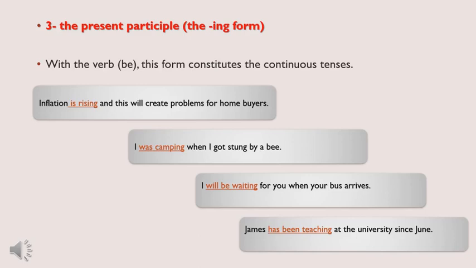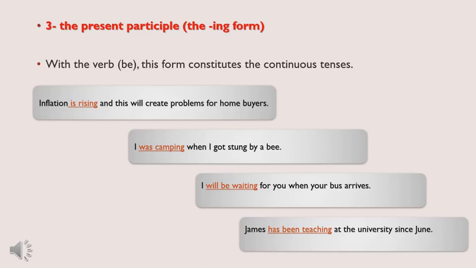Another example is I was camping when I got stung by a bee. Was camping, be plus verb with ing. This verb with ing, camping, is the present participle form or the ing form. I will be waiting for you when your bus arrives. Will be waiting, be plus waiting.